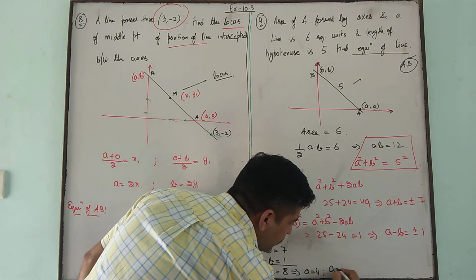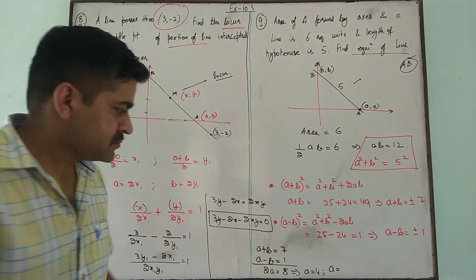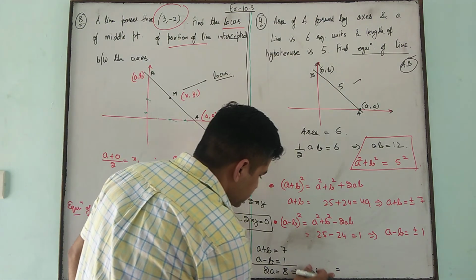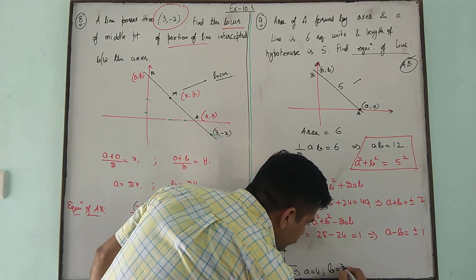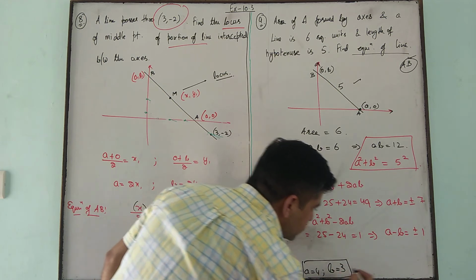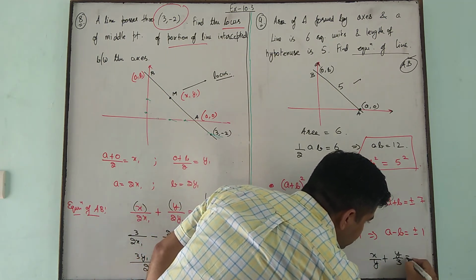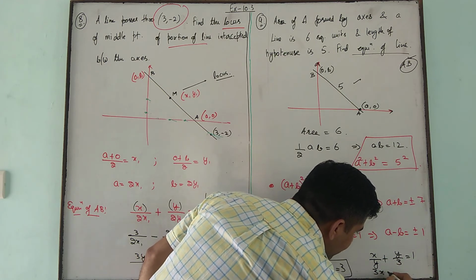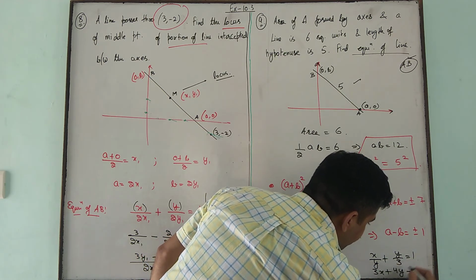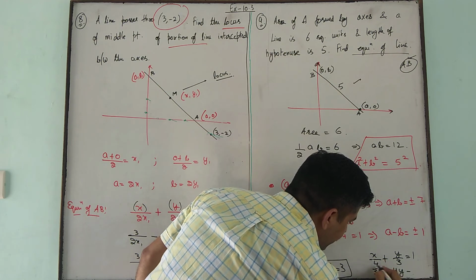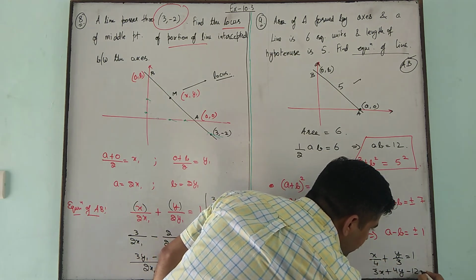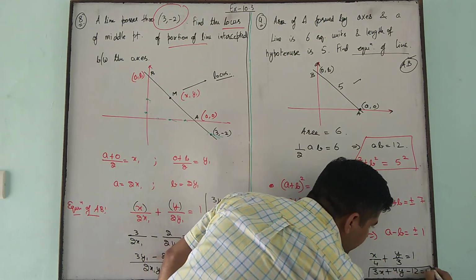If A is 4, then B will be 3. And we got the equation x upon 4 plus y upon 3 is equal to 1, that is 3x plus 4y minus 12 is equal to 0, which is your required equation.